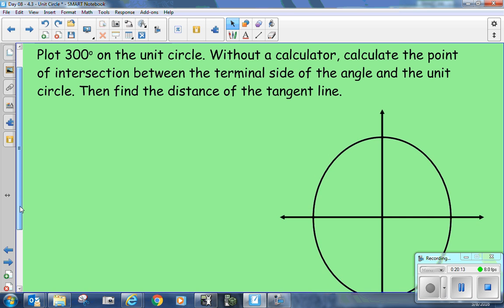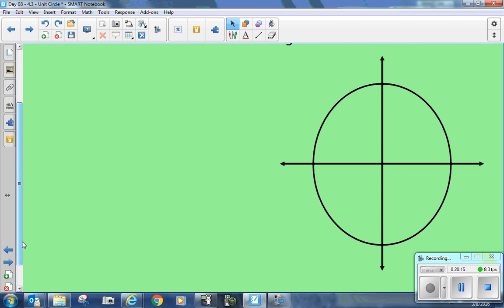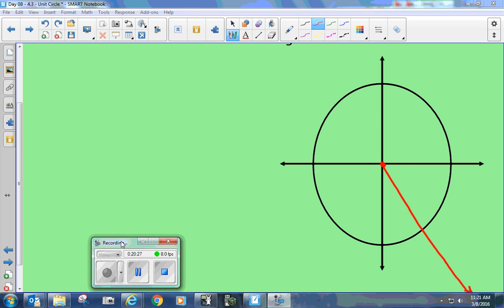So, let's start by plotting 300 degrees. 300 degrees we did before was right here. That's 300. So they want us to get the coordinates of this point right here.